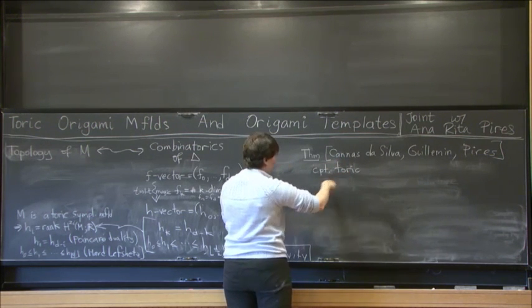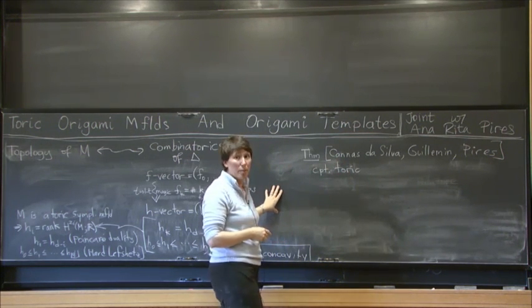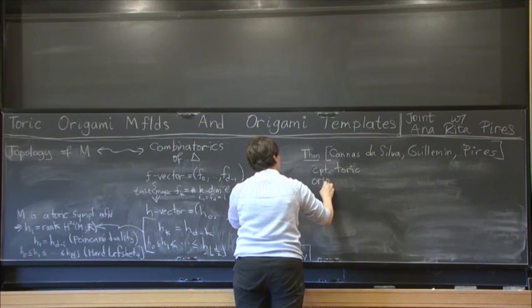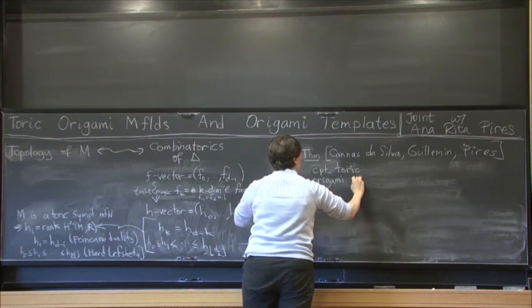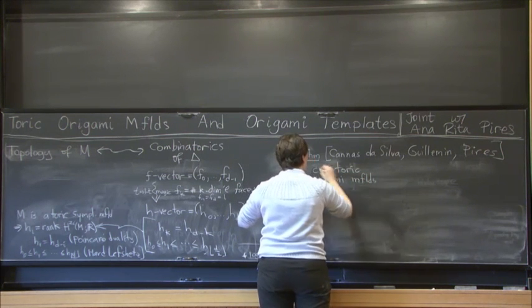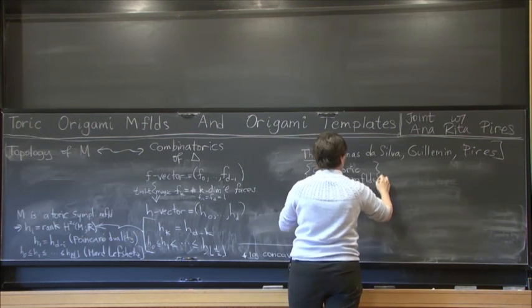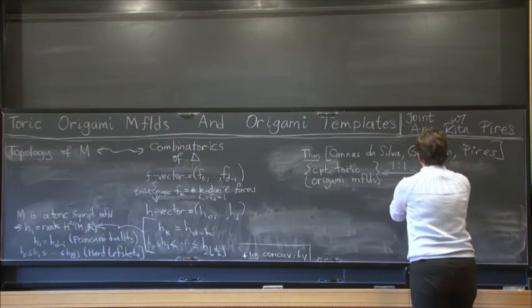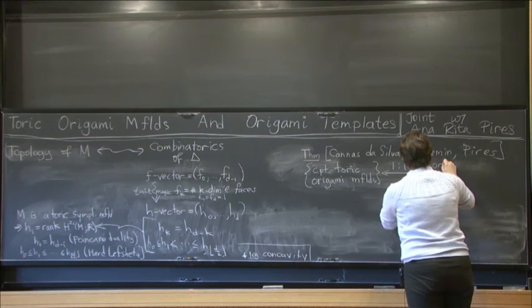Toric still means the same thing: I have a torus of half the dimension acting on an even dimensional manifold.